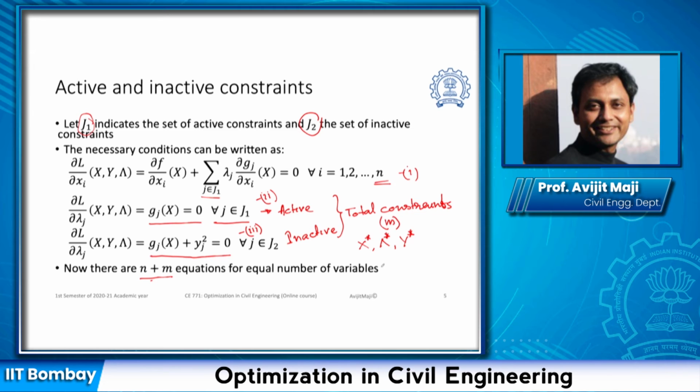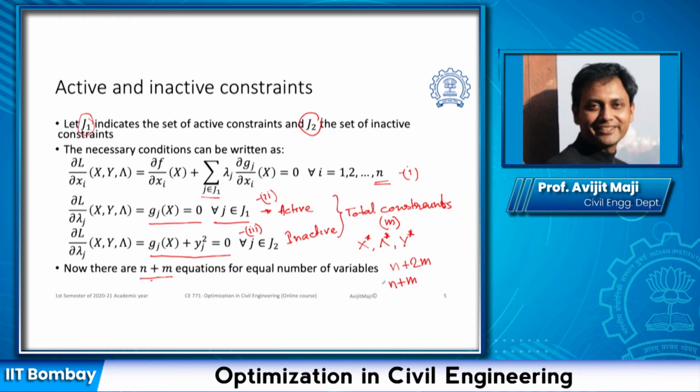So if we understand the active constraints and the inactive constraints and identify them appropriately, then instead of solving n plus 2m equations for an equal number of unknowns, we are solving n plus m equations for an equal number of unknowns. So it is going to reduce the computational burden.